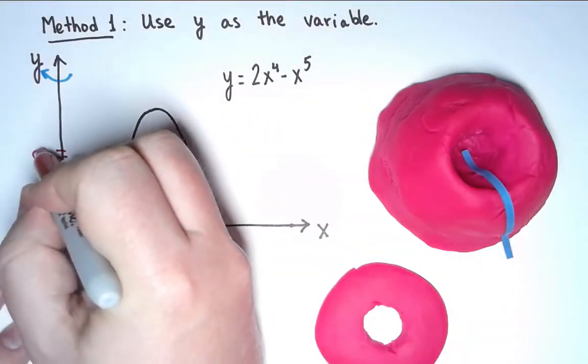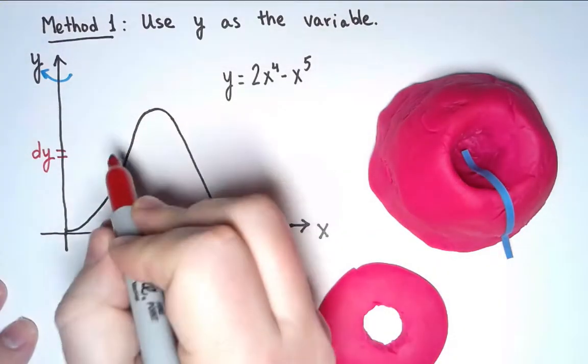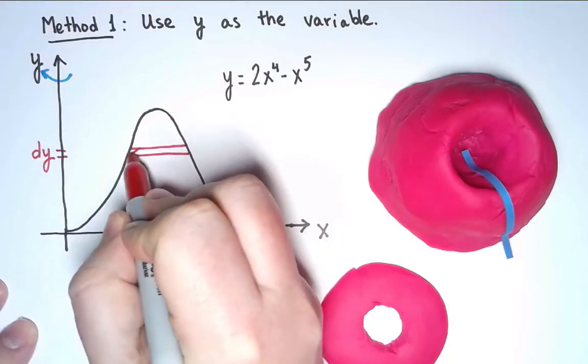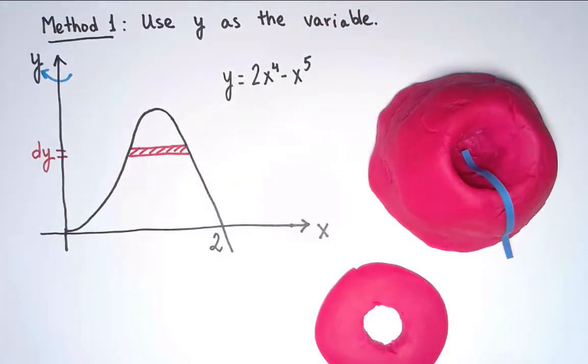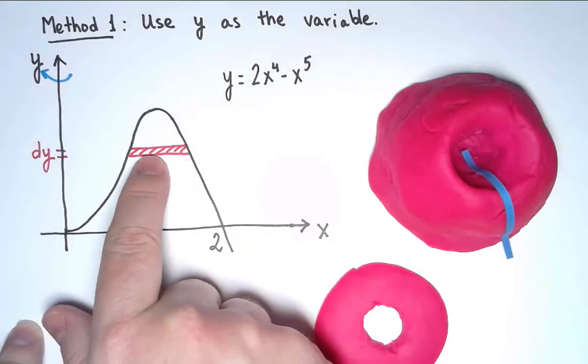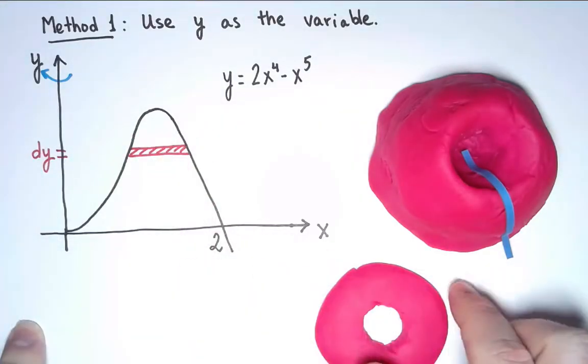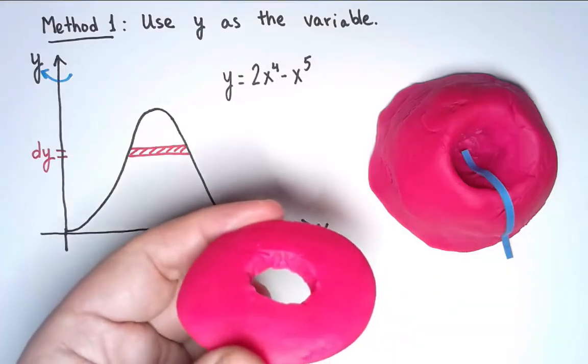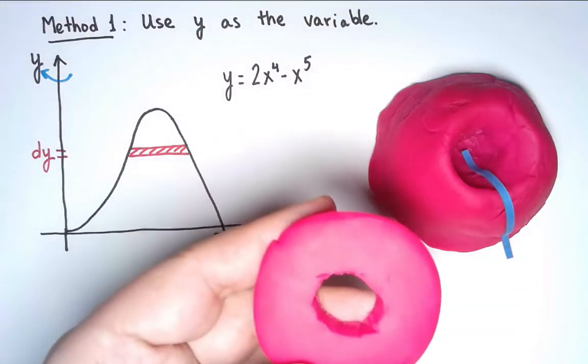Here's another way to look at it. I can cut a very thin stripe with width dy. If instead of rotating the full region, I just rotate this stripe around the y-axis, it will produce something like this. Notice that it is not at scale.